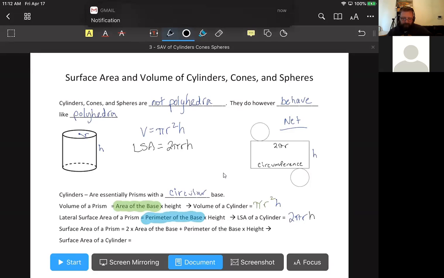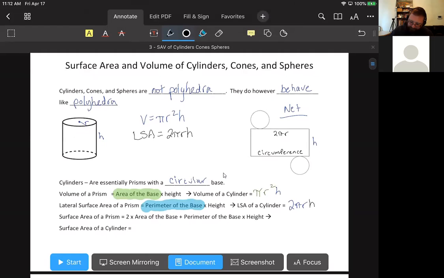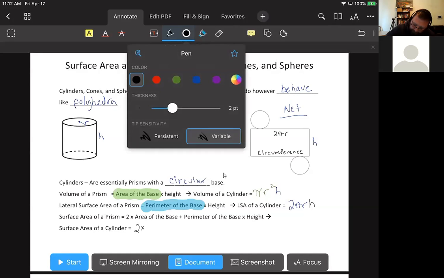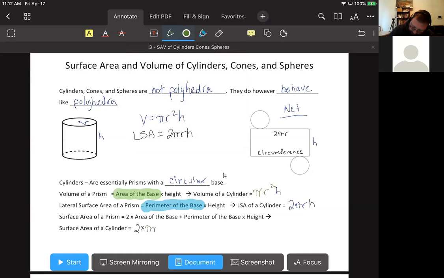Okay, and then finally we've got total surface area. Again, for total surface area we take the lateral surface area and include the area of the bases. That would be 2 of these circles, and the circles have a radius of r. So we're doing 2 times the area of the base, which would be pi r squared, just like it was in the volume, plus the lateral surface area, which we just said was 2 pi r h.